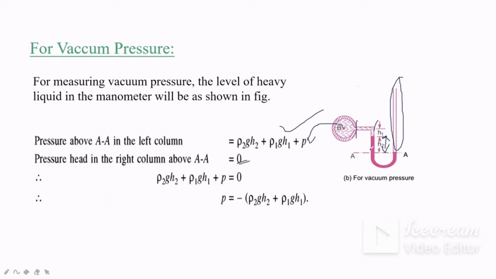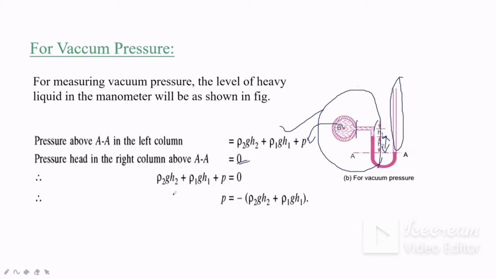So we will consider both in the left column only, that too above the datum line. So when we equate, what happens? Ro 2 GH2 plus ro 1 G1H1 plus P is equal to 0.